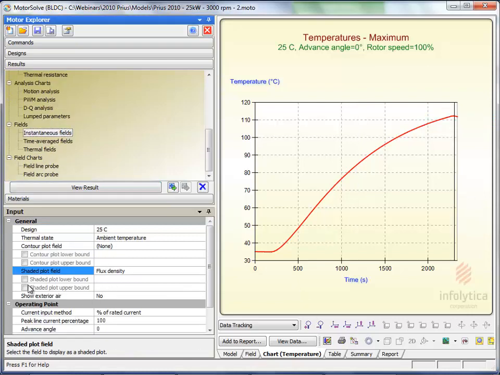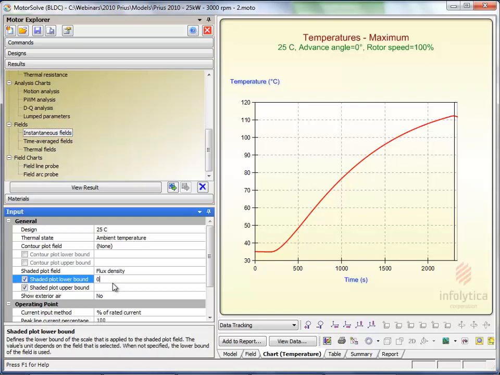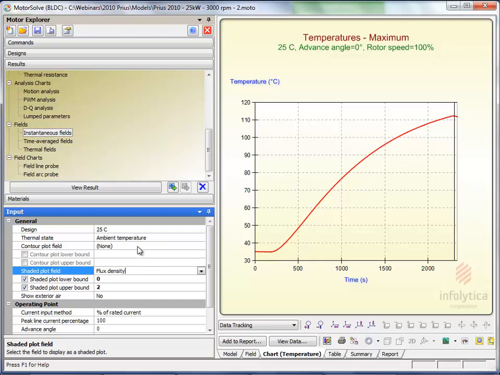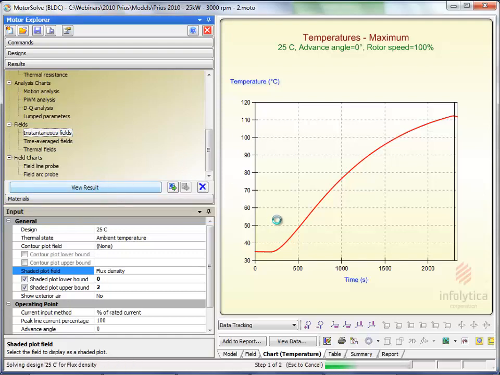And now instead, if we look at a flux density plot, we're going to do 2 plots sequentially from 0 to 2 Tesla. The first one's going to be at our ambient, which was 35 degrees, and the second is going to be at the end of the transient time period. So let's go ahead and initiate that experiment.